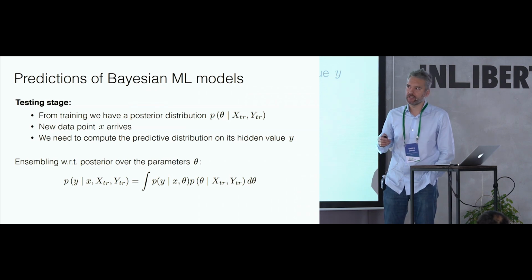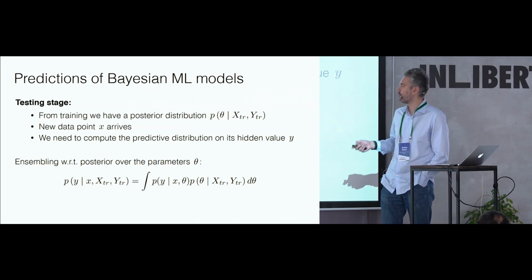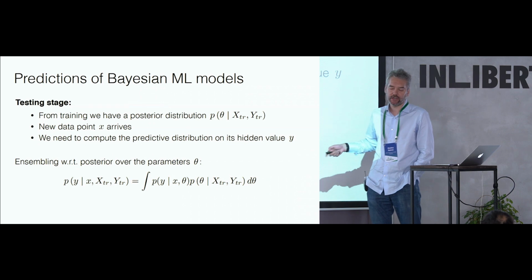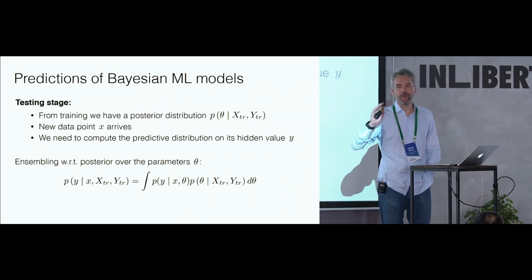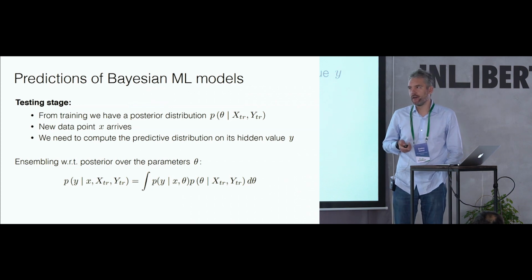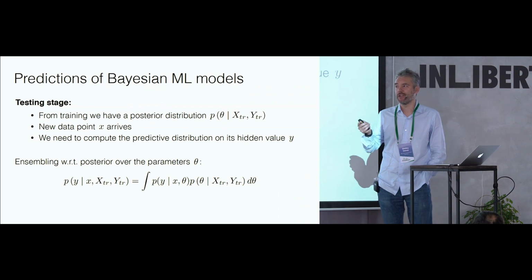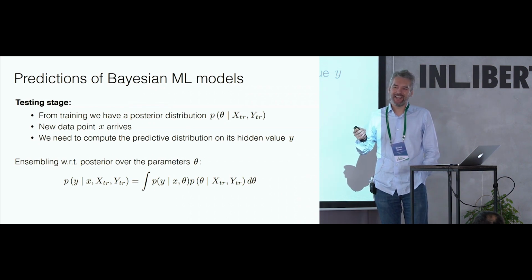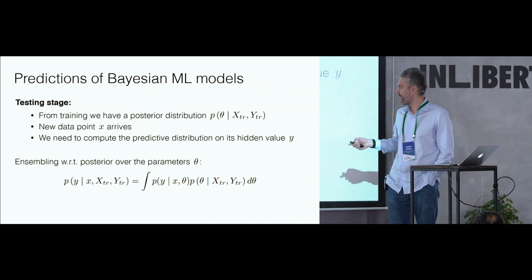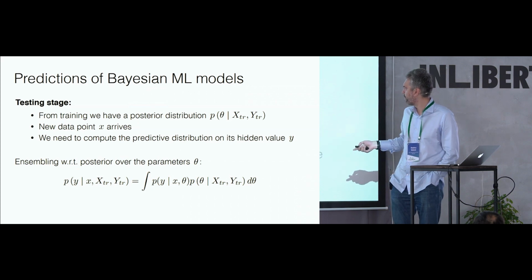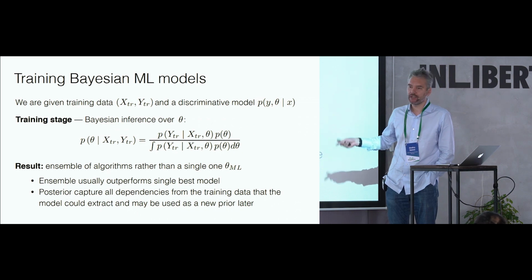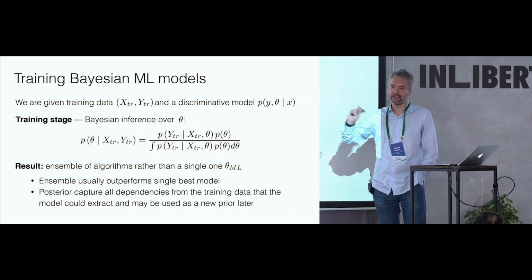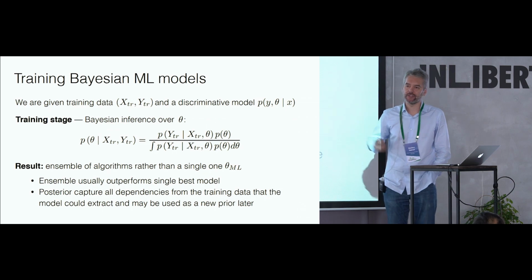It's more complicated to consider the case when the training data itself is measured in an inaccurate way. To tell the truth, I'm not familiar with such models, but I assume that they're also possible. And probably you can derive the way to compute this posterior distribution in the case when x train and y train are not known exactly, and there are some uncertainties in their values as well.